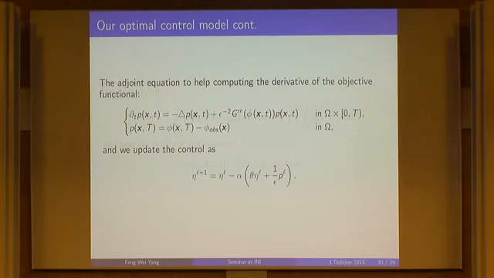In the process, we have an adjoint equation to help compute the derivative. That is a time-dependent adjoint equation in p, but mind you, p goes backwards from the final time to the initial time.